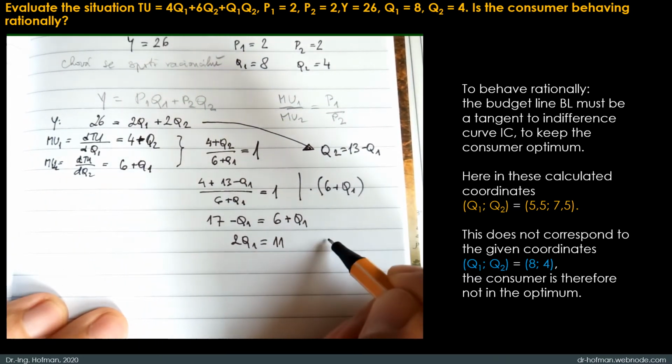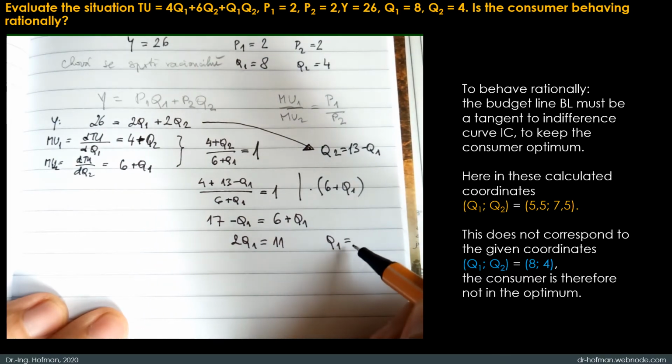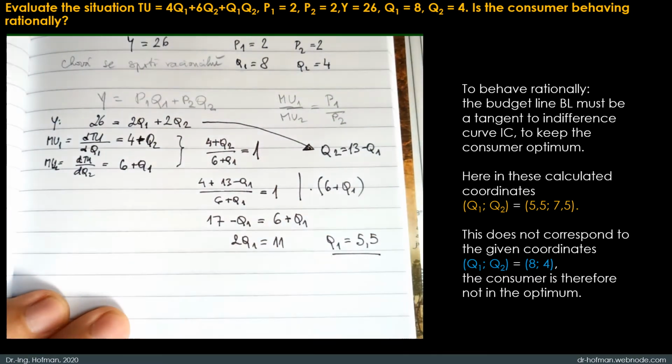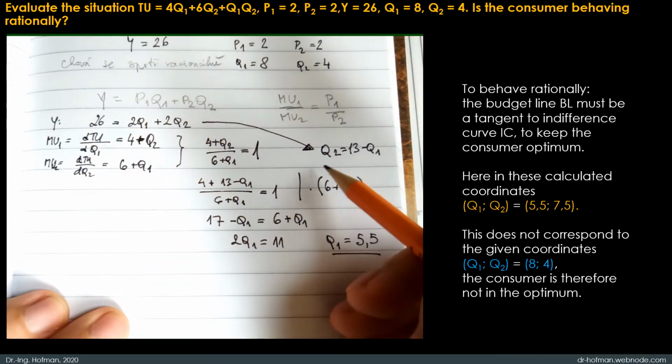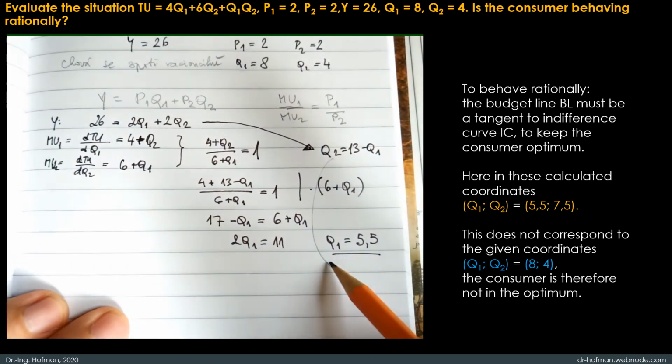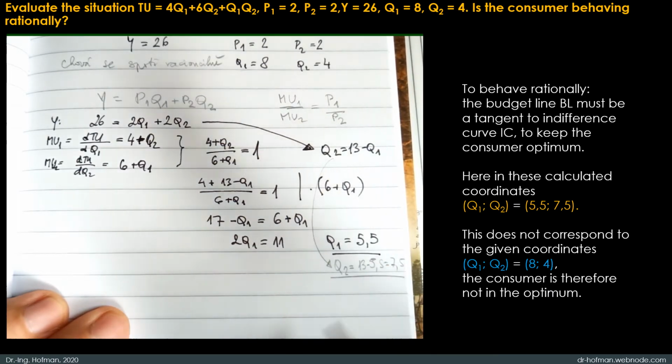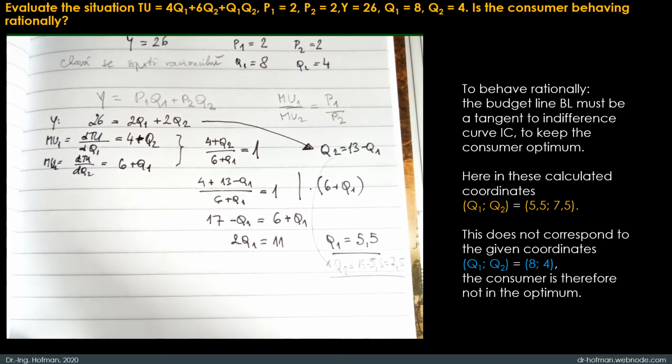From here 2Q1 is 11 and Q1 is 5.5. Now let's take Q2 and calculate with the substitution 13 minus 5.5. Q2 is 7.5. Now I have both coordinates of the optimum in the first situation.